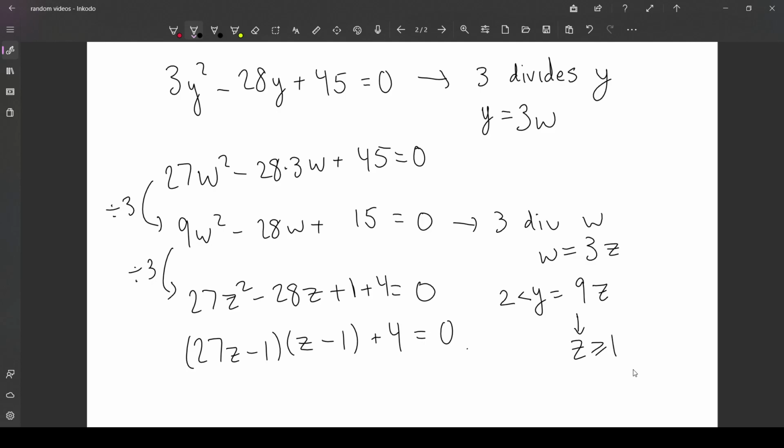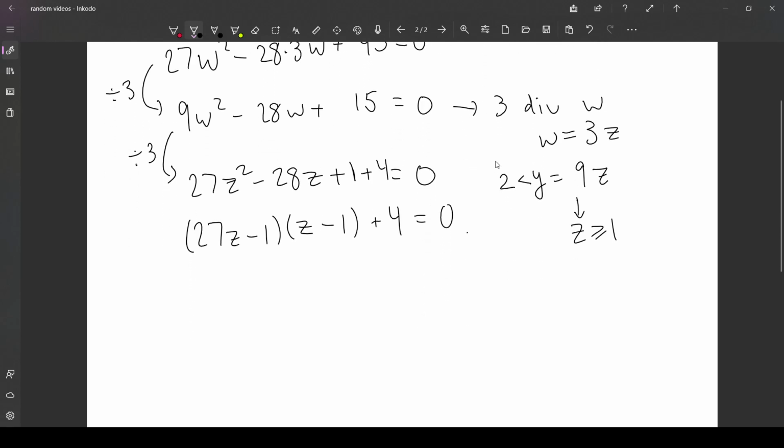Right? It can't be 0, because then you would have 0 is greater than 2, which is not true. So z is greater than or equal to 1, and what that means here is that this is greater than or equal to 0. So we have something greater than or equal to 0 plus 4 equals 0, and so this is not true. So there's no solution here.